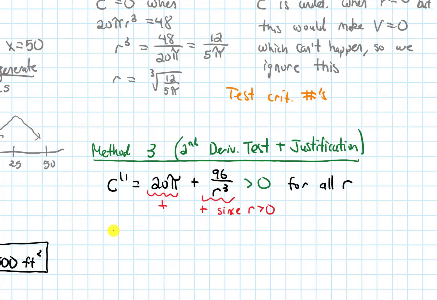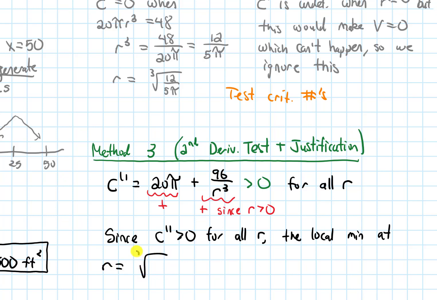So here's where our justification comes in. Since c double prime is greater than 0 for all values of r, the local min at what our number was, r equals the cube root of 12 over 5 pi, is, let me draw a picture just so we can justify it before we state it.